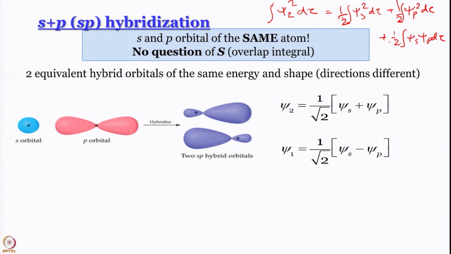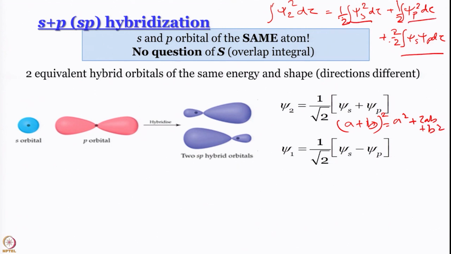I hope you understood what I did. This is (a plus b) whole square. So what is (a plus b) whole square? That is a square plus 2ab plus b square, right. So this is a square, this is 2ab, this is b square.